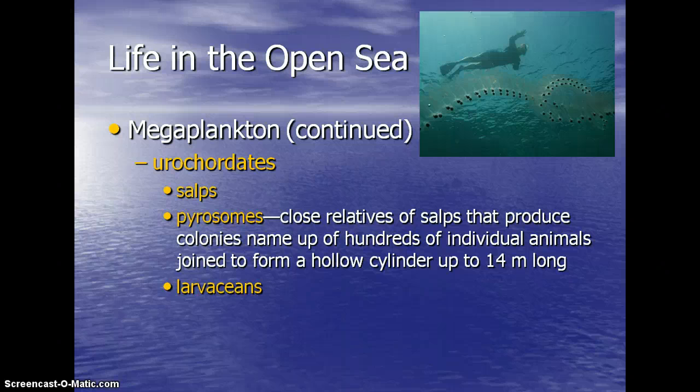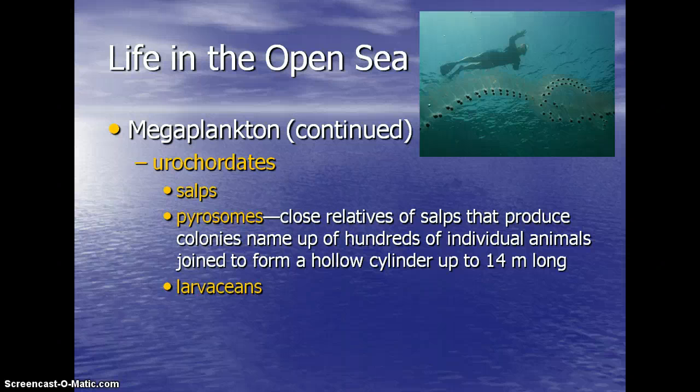Larvaceans are also urochordates, and they secrete these mucus structures that are called houses, and they draw water through those houses when they move their tail, basically. So they create a little water current with their tail and draw water through the mucus house and then trap plankton inside of that little mucus house.